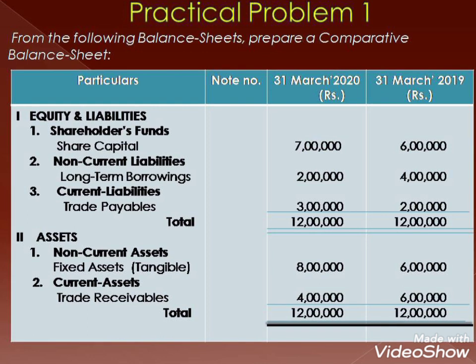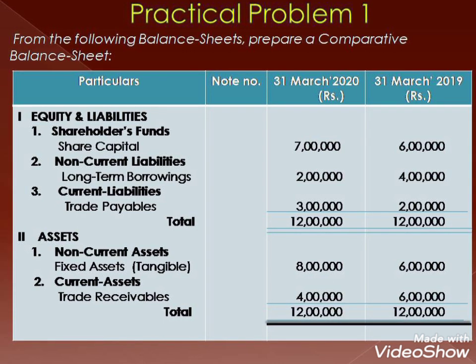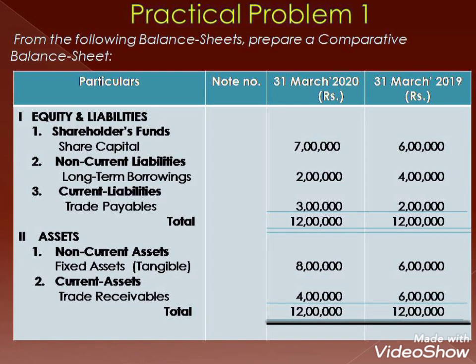Similarly, second major head is non-current liabilities consisting of long-term borrowings rupees 4 lakh for 2019 and rupees 2 lakh for 2020. And third major head is current liabilities. Under it, the subhead is trade payables consisting of rupees 2 lakh and 3 lakh.